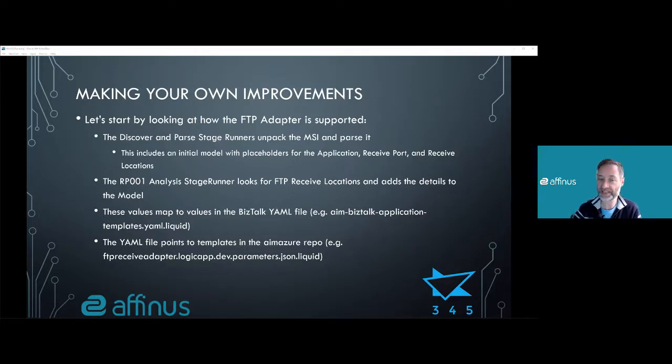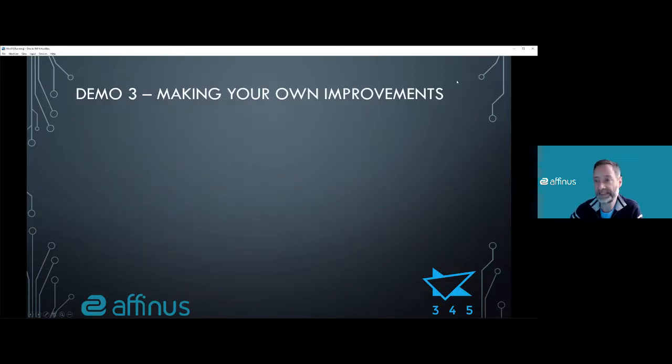So it's like a three-step process. We run through and build a model. Then we use that model and a liquid template to build a YAML file. And then that YAML file describes how we are going to change the templates that are output at the other end. It makes more sense when I go through and do a demo. So we'll do a demo, making your own improvements.